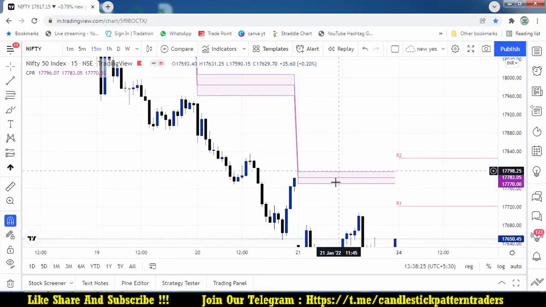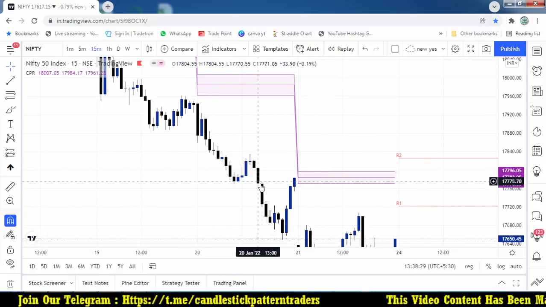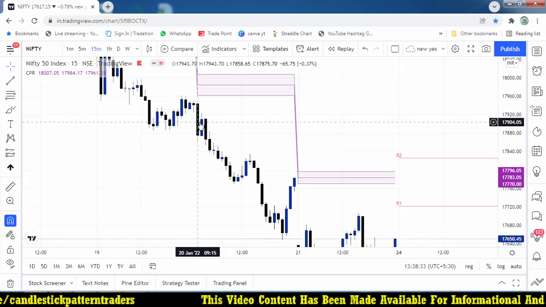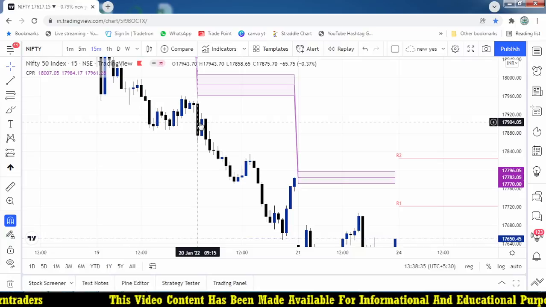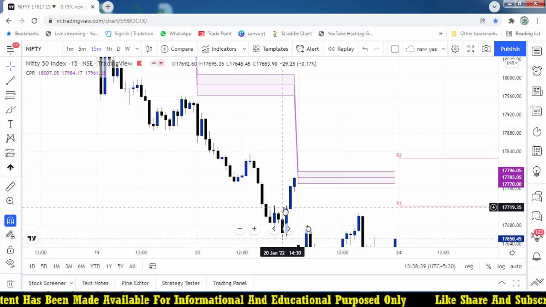Let me say this is the level we derived for yesterday. It depends on the previous day's market range. The previous day's high for Nifty is 17,943. Let me calculate roughly.